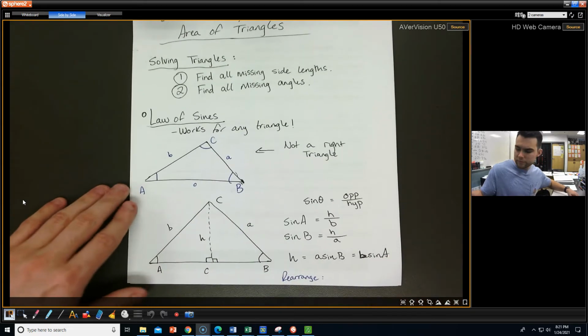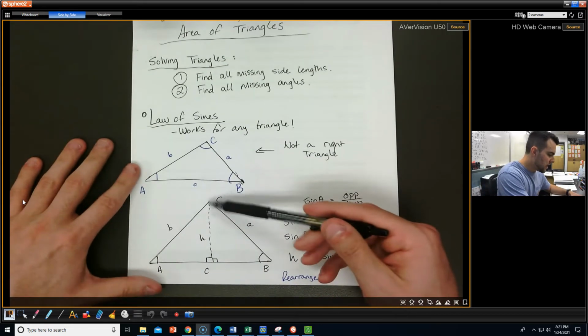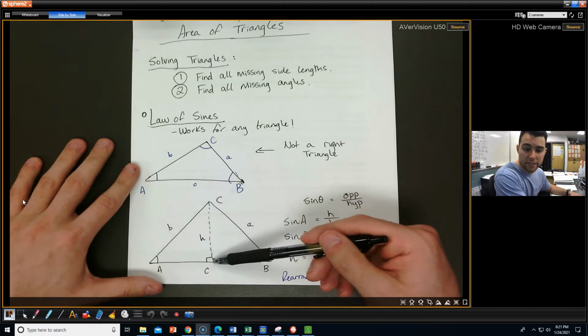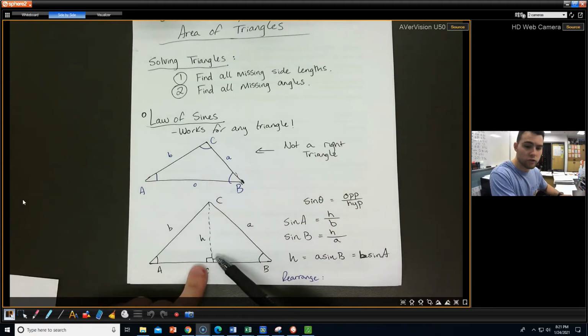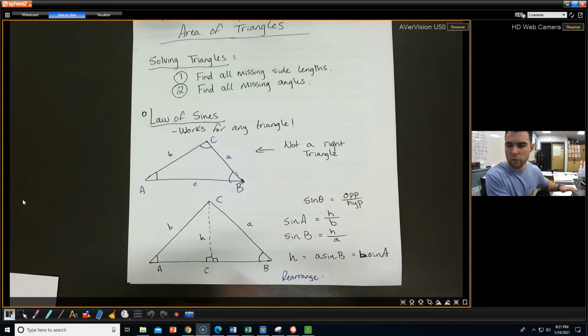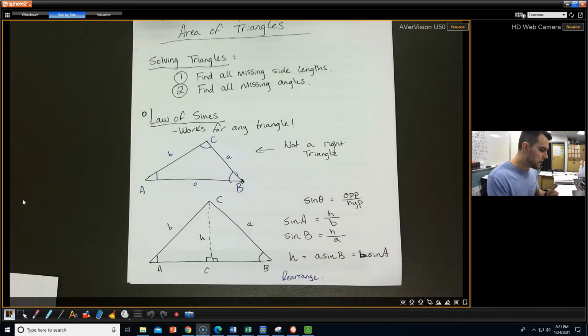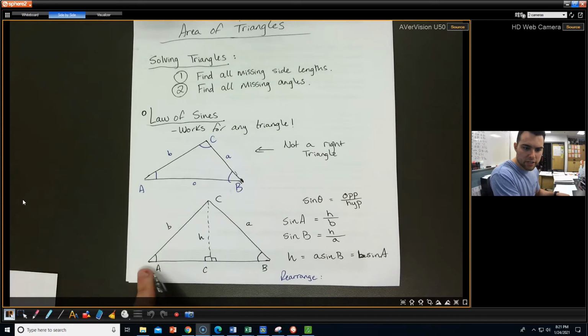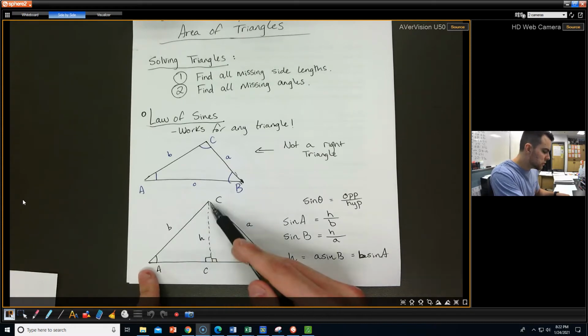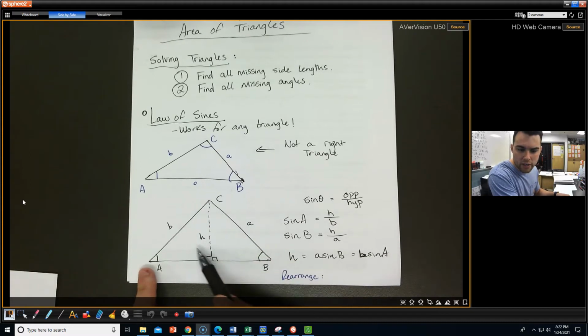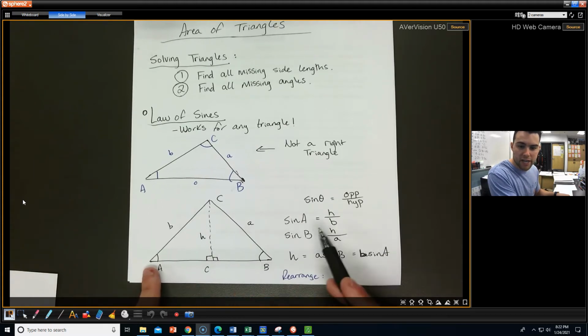So what I did was I drew a median down here so that I am splitting this triangle into two right triangles right here. So I'm going to work with right triangles to prove the law of sines real quick. Well, we know sine theta is equal to opposite over hypotenuse, okay? And so if I'm looking at the sine of angle A and sine of angle B, I know sine of angle A is going to be this new length of this median h divided by b, opposite over hypotenuse, and so that's what sine A equals.